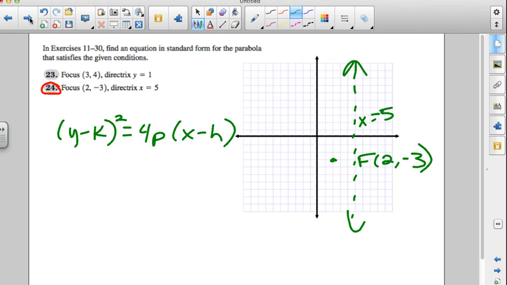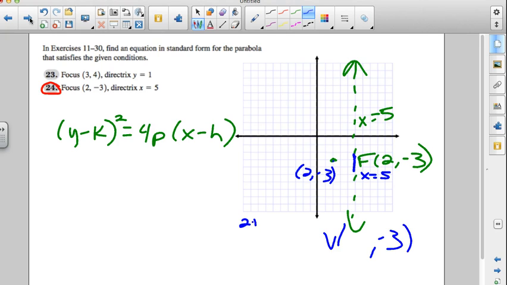So now we need to figure out where, oh where, is our little vertex. And that's going to be halfway between our 2, -3, I'll write it over here so it's a little easier to see, and then the line x equals 5. So we take a look at this and we realize it's going to be something, -3. But what we have to do is figure out what's halfway between a 2 and a 5.